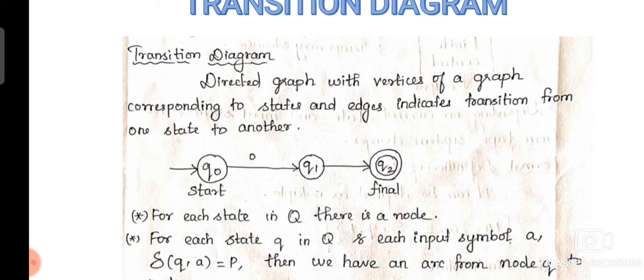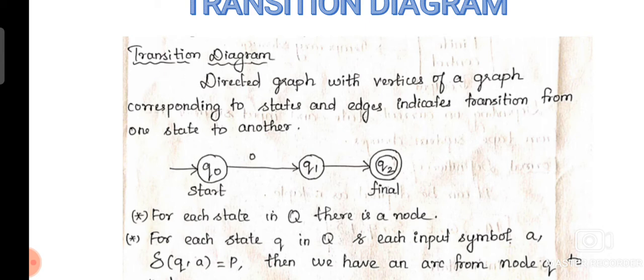In this example we have three states Q0, Q1 and Q2, and the edges between the states are labeled with the input symbol. For example, in our diagram Q0 changes to the new state Q1 by consuming the input symbol 0. Q2 is the final state, so to mention the final state we have to draw a double lined circle.